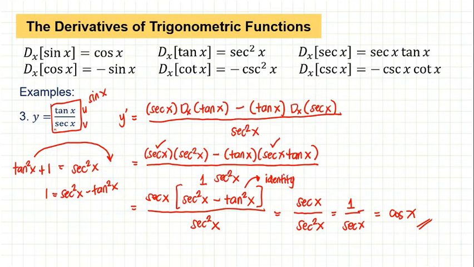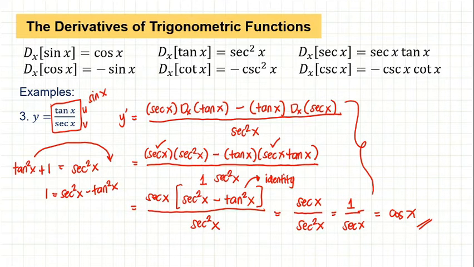If you know the equivalent form of the given expression that is equal to sine x, you can actually differentiate this one easily because we know that the derivative of sine x is cosine x. So you don't need to undergo this process. Okay? So it's up to you if you mastered the identities.